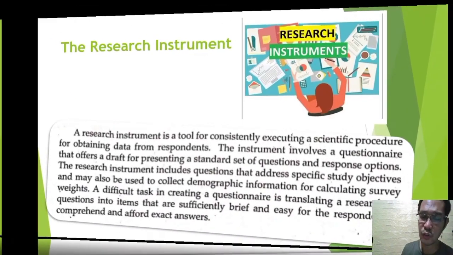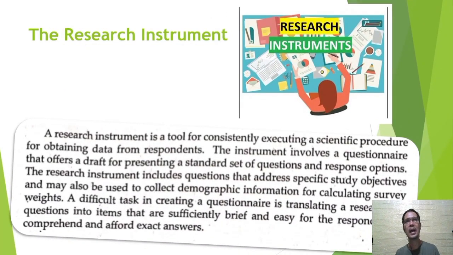So how about this research instrument? I guess that you have already a knowledge on what is this research instrument. Now, to recall, a research instrument is a tool for consistently executing a scientific procedure for obtaining data from the respondents. So the instrument involves a questionnaire that offers a draft for presenting a standard set of questions and response options.